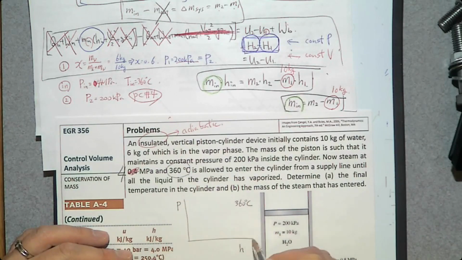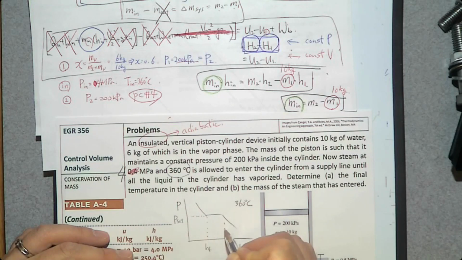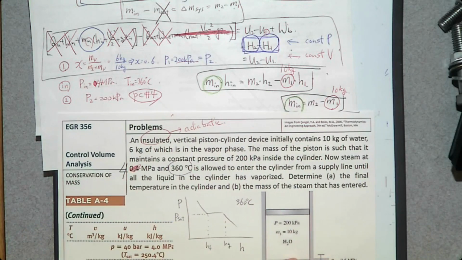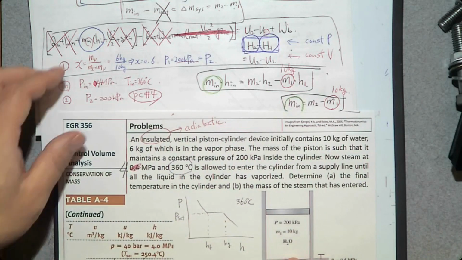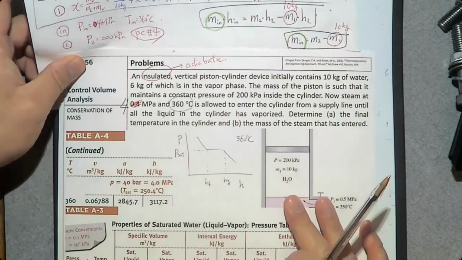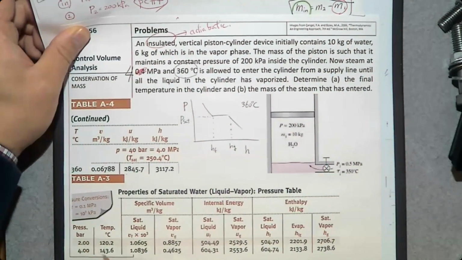This pH diagram looks like this. To complete it, we need to know P sat, Hf, Hg. So what is P sat at 360 degrees Celsius? Oh, I have a pressure table.